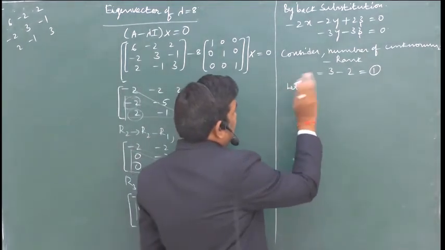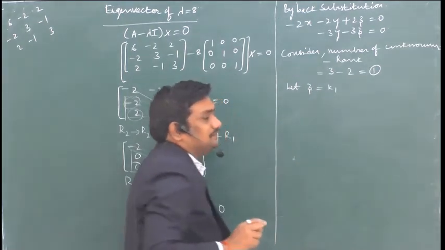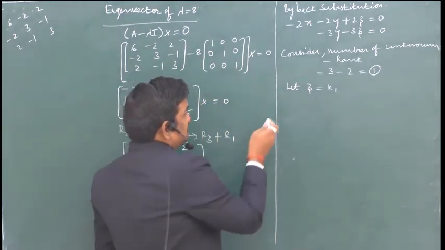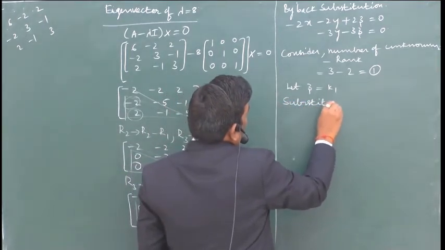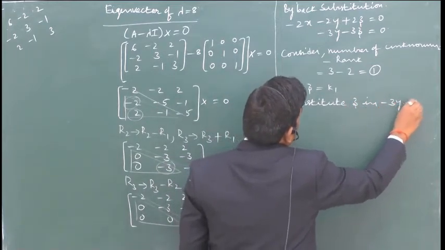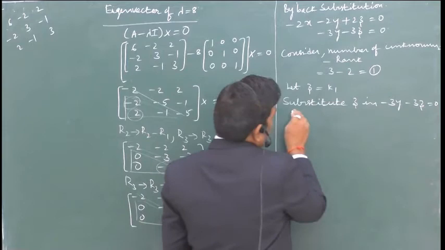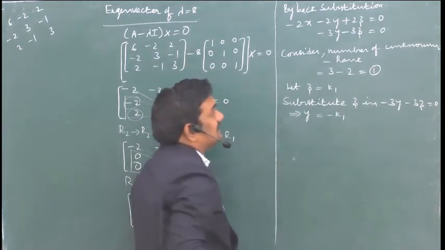Here there is a chance for z and y also. I assume z as k1. So substitute the z value in minus 3y minus 3z equals 0, then you get y as minus z, and it is minus k1.